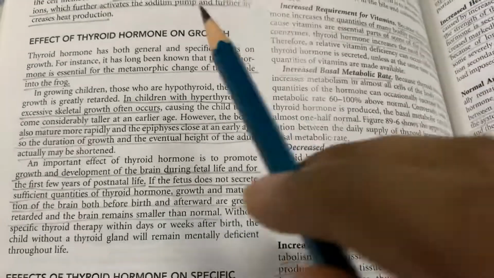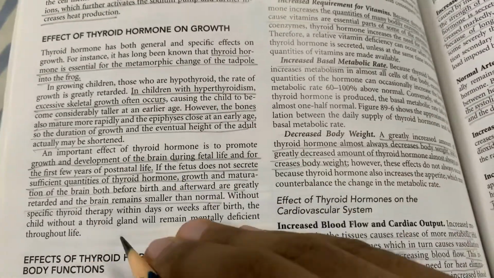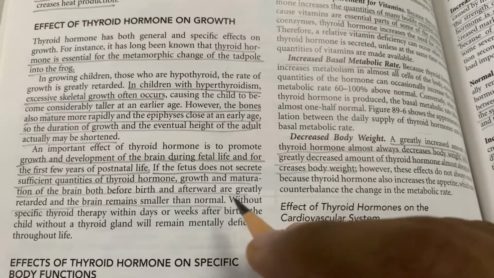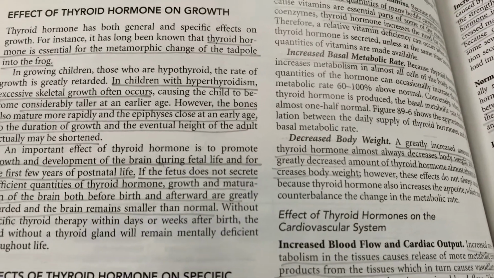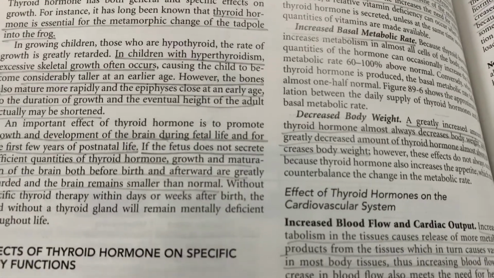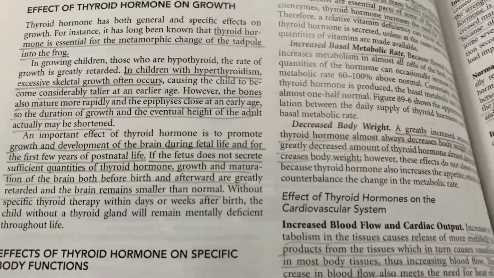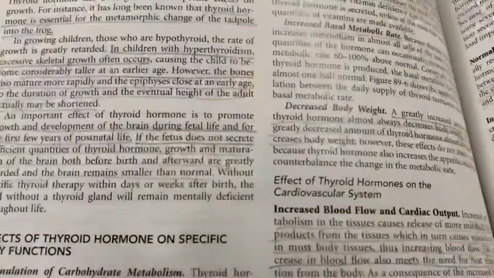And thyroid hormone and its effect on growth. So we know that in order for a tadpole to change into a frog, it needs thyroxine, thyroid hormone, okay? Similarly, if there is an excess amount of thyroxine, that is thyroid hormone, that is hyperthyroidism. So in young age, children will grow taller than normal kids with normal thyroid levels.